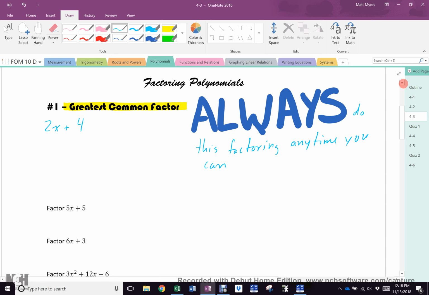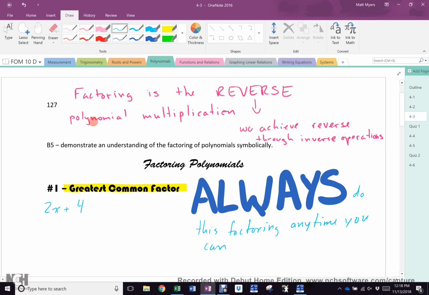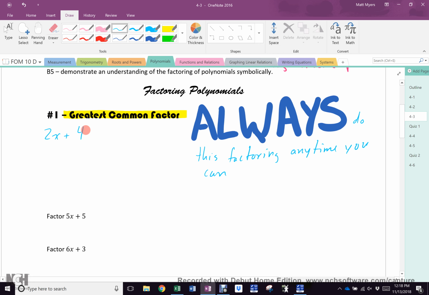Read the first thing I said. Factoring is reverse polynomial multiplication, and we achieve the reverse through inverse operations. What is the inverse operation that gets you to a product? Multiply. So what gets you away from a product? Division. So I must have to do some division.